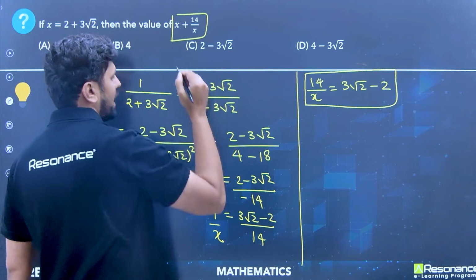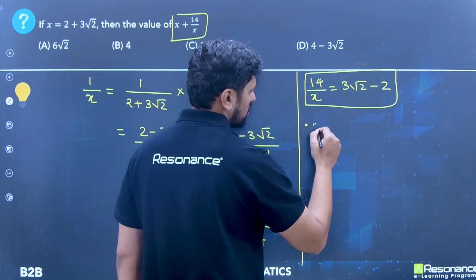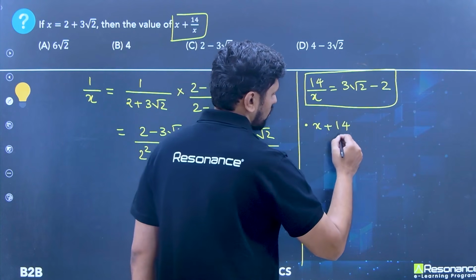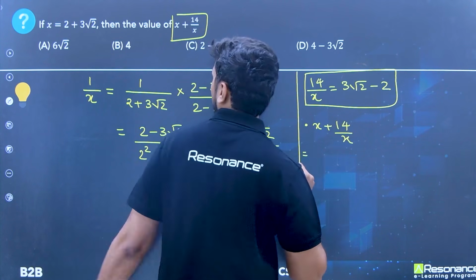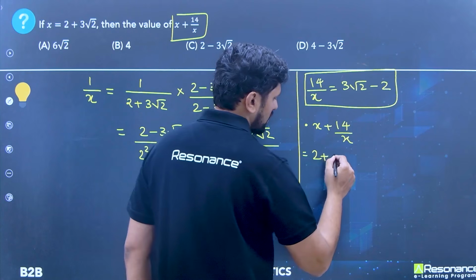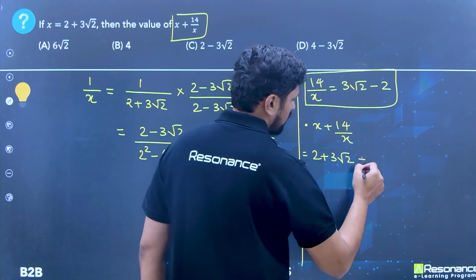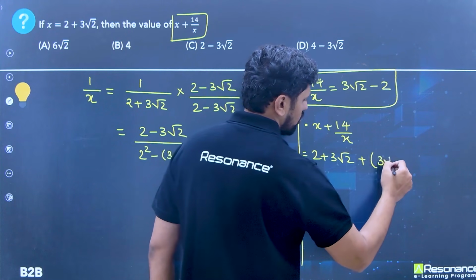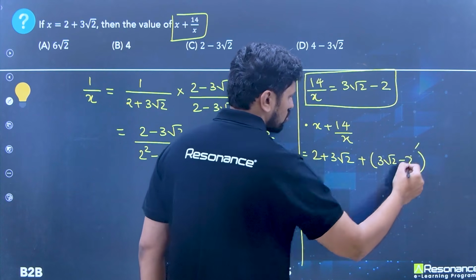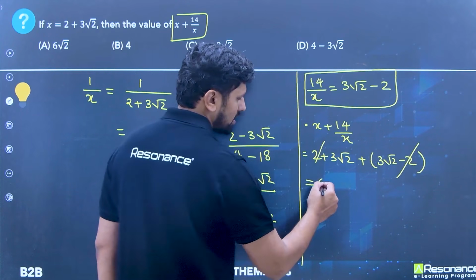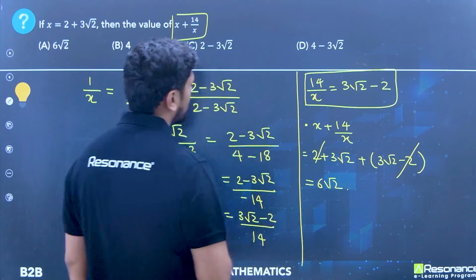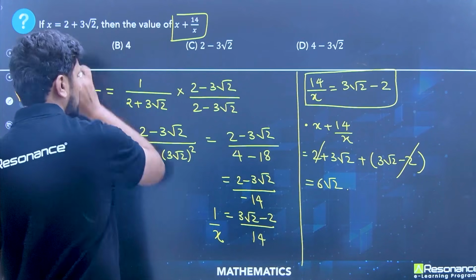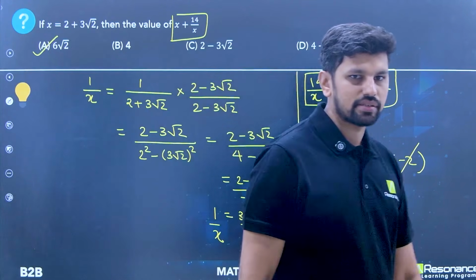Now we require x plus 14 by x. So x plus 14 by x will be equal to x is 2 plus 3 root 2, and 14 by x we got as 3 root 2 minus 2. So 2 and 2 got cancelled. So we got the final answer as 6 root 2. That is option number A.